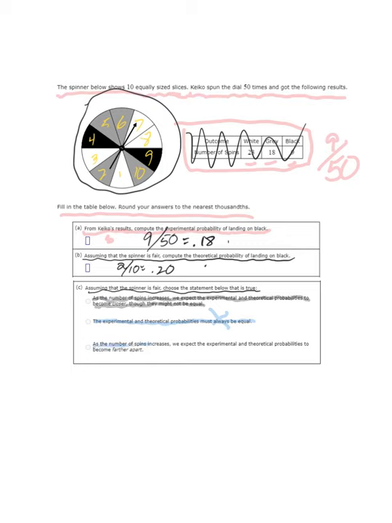As the number of spins increases, we expect the experimental and theoretical probabilities to become further apart. Bang, not going to happen. This is what's going to happen. The more times they were to spin that thing, we would expect these numbers to get closer and closer.